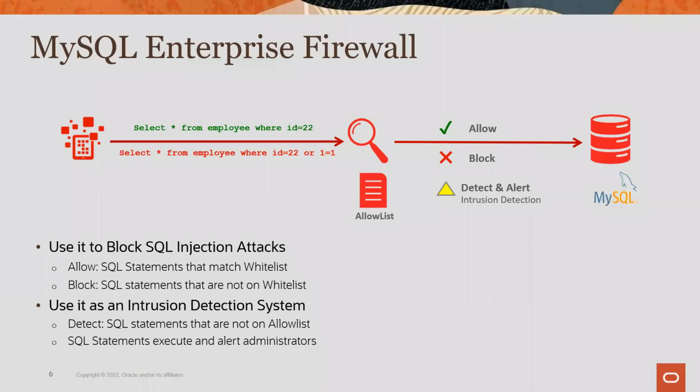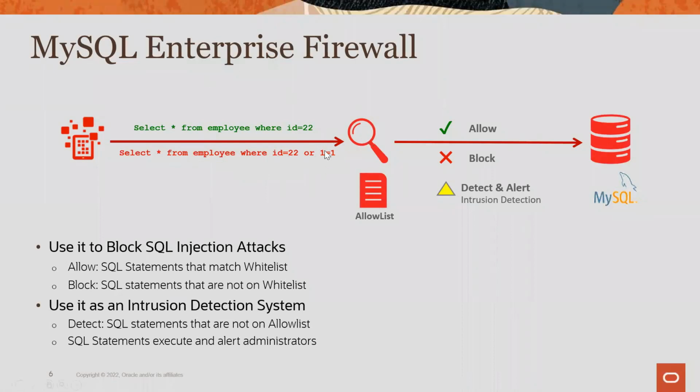So just to give you an example of how this works, you have the select star in green, where employee ID equals 22. This is something that a normal query or the application might submit. And then if, let's say, an attacker comes, and this is again a trivial example of SQL injection, they might do something like select star from employee where ID equals 22 or 1 equals 1, or something that is interpreted as true.